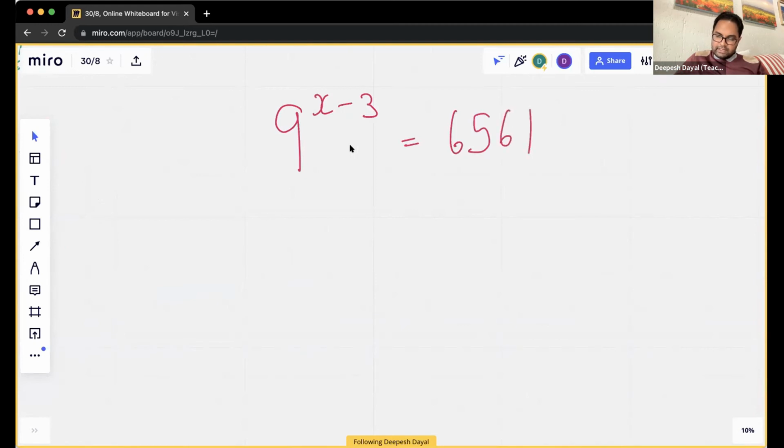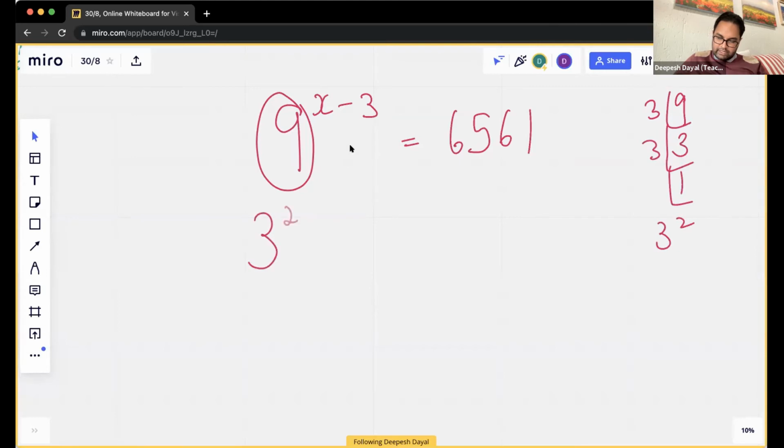What we do first is we convert this 9 into prime factors. So remember, 9 divided by 3 is 3. 3 divided by 3 is 1. So it's 3 squared, right? So it's 3 squared in a bracket, to the power x minus 3. And 6561 is 3 to the power 8, right?